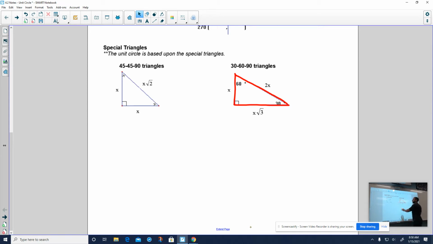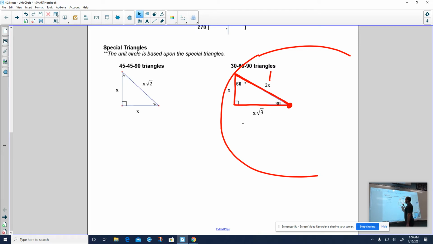When you put this problem inside the unit circle, it'll look more like this. The circle will be way out around here, and there's your center of the circle. If this is called the unit circle, the radius is always going to be 1, which means the short leg in a 30, 60, 90 is always going to be 1/2, half of the hypotenuse.